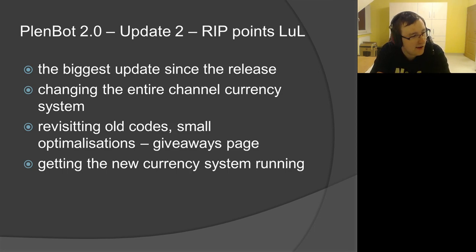I've mentioned it earlier. So the entire page suddenly loaded way faster. It actually felt good. And instead, I replaced it with the top 25 people who won the most and bet the most points on giveaways and stuff like that. But the hardest part was getting the new currency running, and essentially it worked.